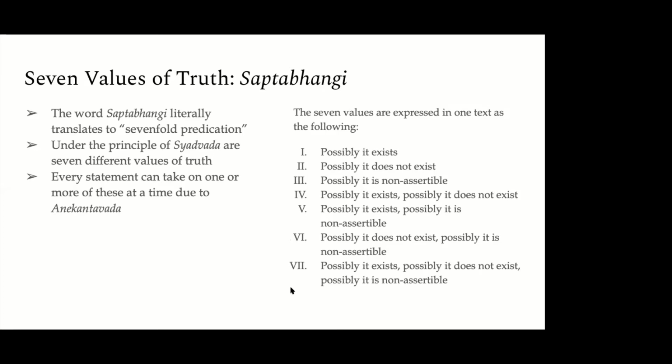It means possibly, or it may be. I found more than 20 different translations for this word in a Sanskrit dictionary, and they all seem to allude to this sense that something may or may not be actually the case, it is possible that it is the case.